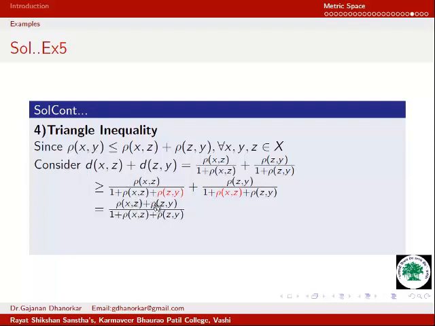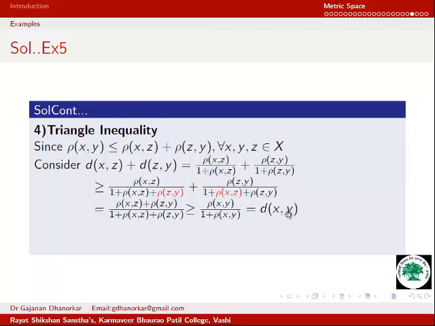Therefore, this is rho of xy, and this number is greater than that, so I will write it this way. This number is greater than, because we have taken that this is greater than rho of xy. Therefore, this is rho of xy divided by 1 plus rho of xy, and as per our definition, this is nothing but d of xy.